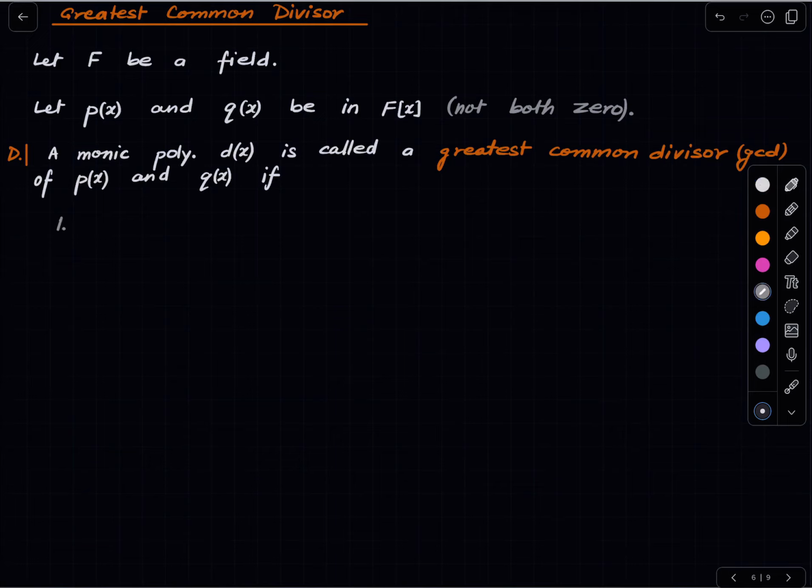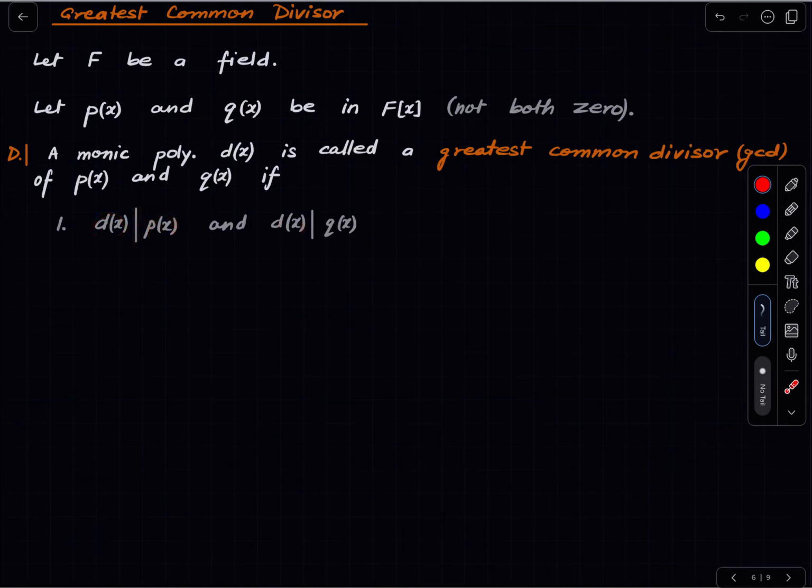It must divide both of them. So here is a notation for division. It's just very, very convenient. d(x) divides p(x) and d(x) divides q(x). So you can just read this as divides. d(x) divides p(x), d(x) divides q(x).